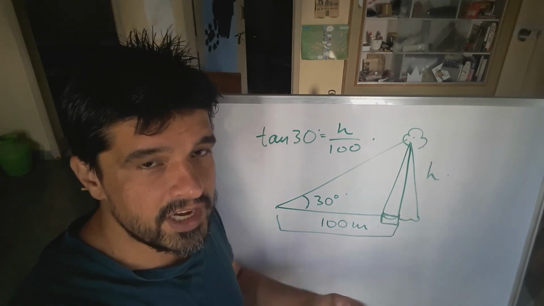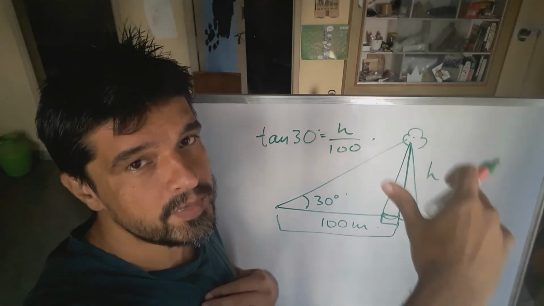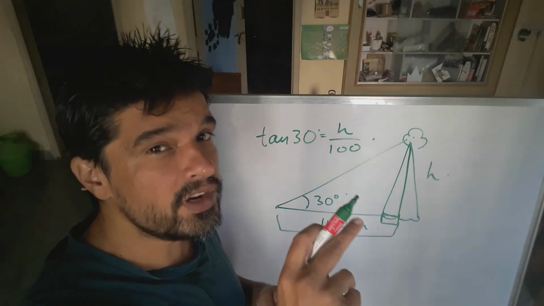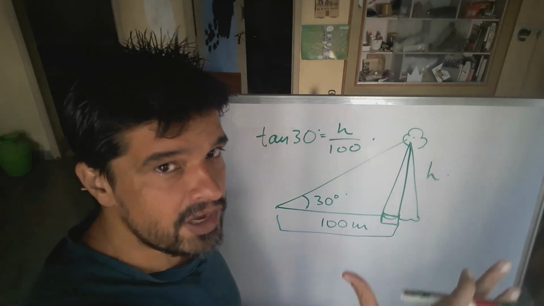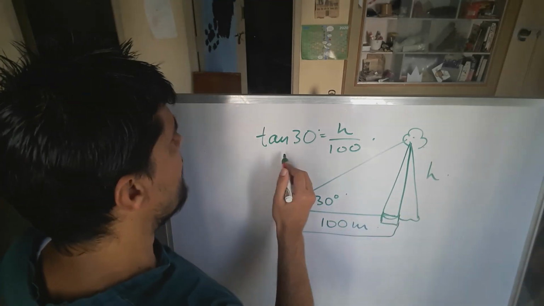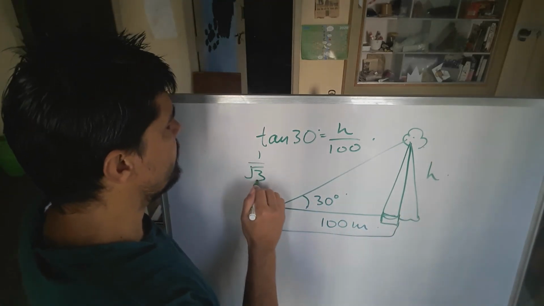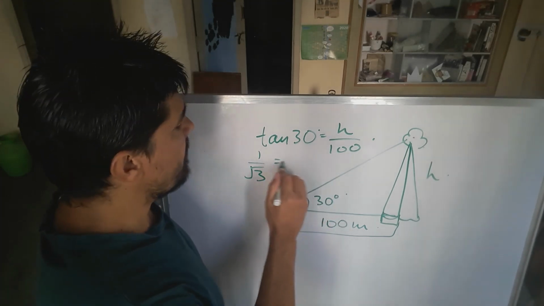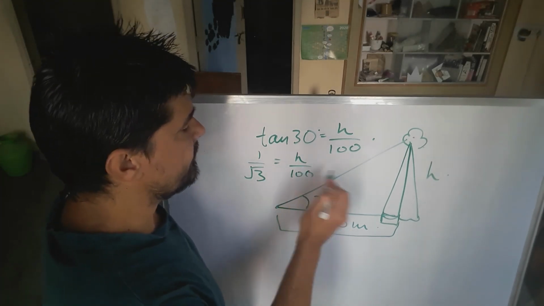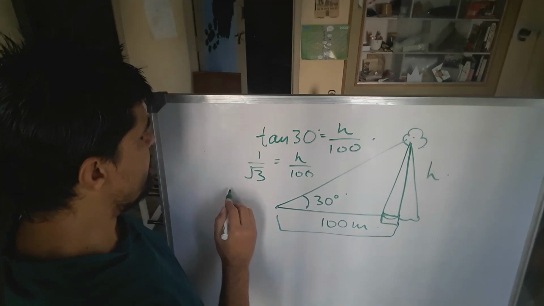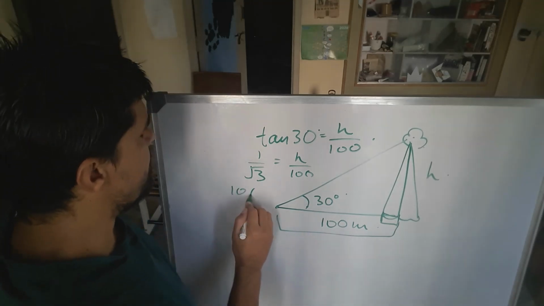You have trigonometric tables. It doesn't matter on the size of the triangle. It can be a big triangle or small triangle. As long as it's forming an angle of 30 degrees, the value of tan will be the same. So tan 30 is known to be 1 by root 3. So we get 1 by root 3 is equal to h by 100, and h is basically equal to 100 by root 3.